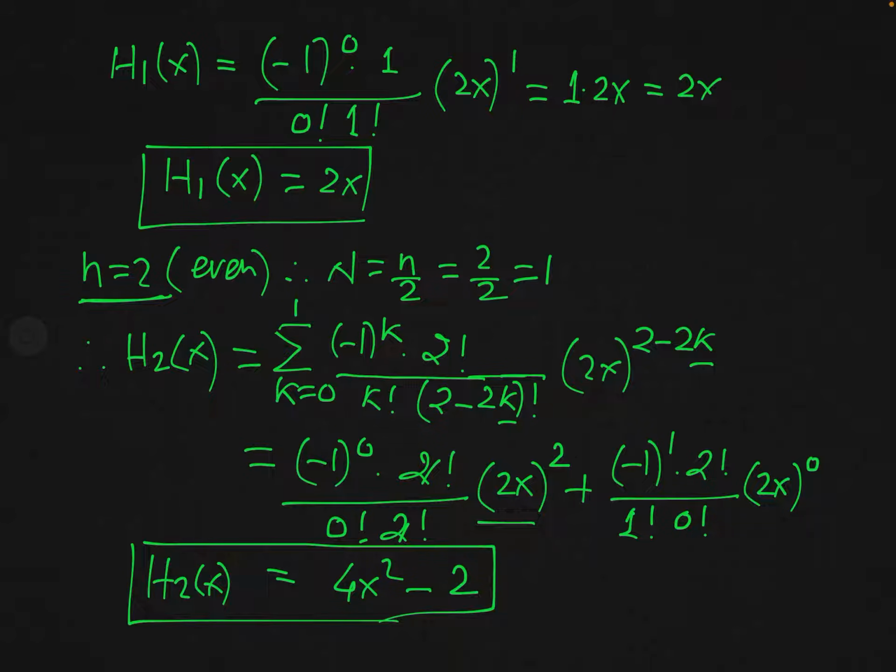In fact, in a similar manner, we can obtain the higher order Hermite polynomials. Actually, I am just going to write some of the values and you will try yourself on this basis.